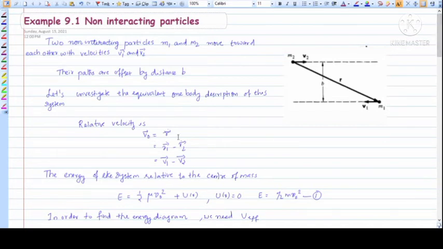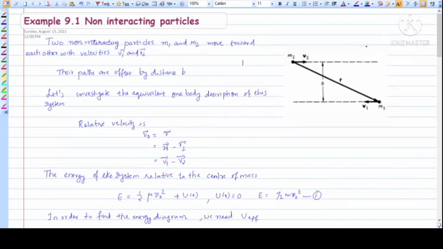The relative velocity of these two particles is taken as v0, and v0 is equal to r dot. This is the distance between m1 and m2. Therefore r dot is the velocity.